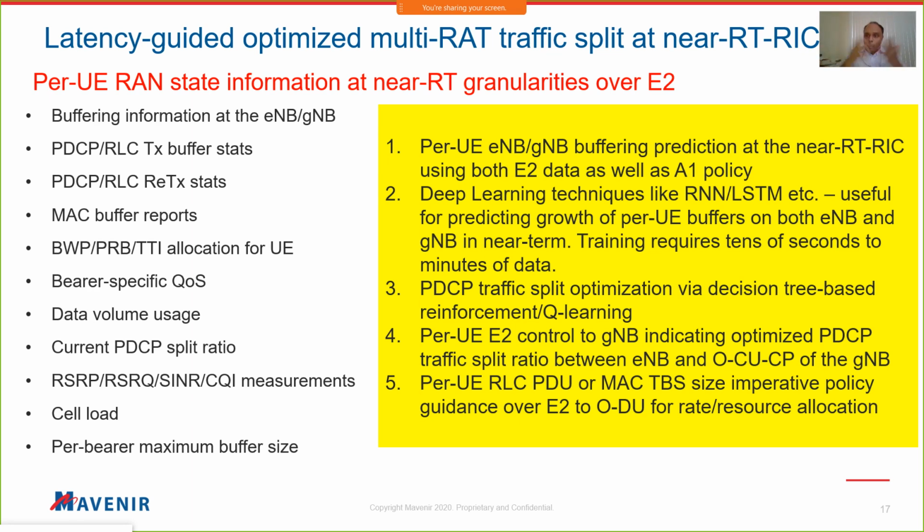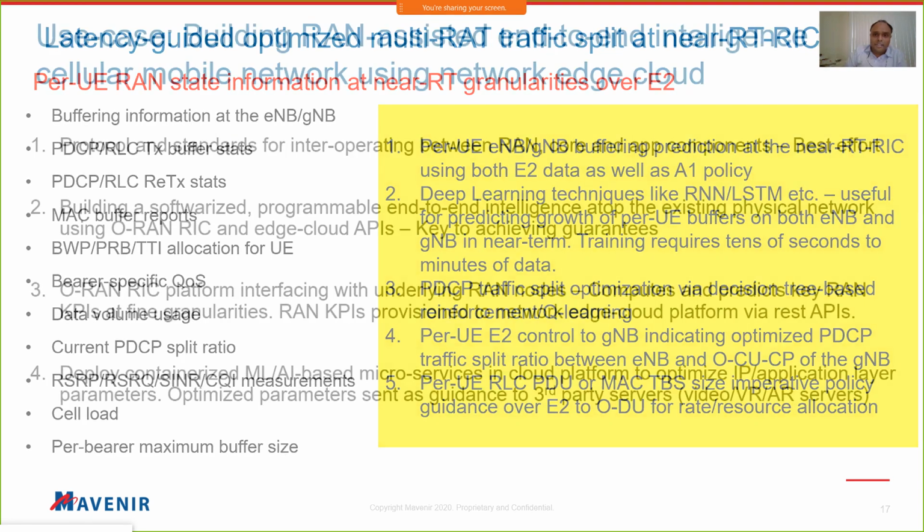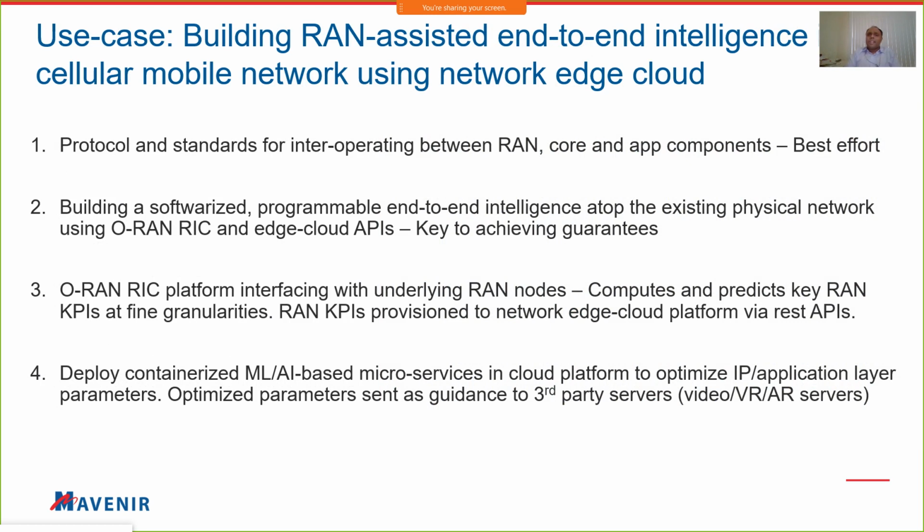Now, once the near real-time RIC makes those decisions, these are sent back via control actions to the underlying baseband units over the E2. The near real-time RIC can also make policy decisions about how the RLC layer and MAC layer should perform in terms of allocating resources, in terms of segmenting an IP packet into PDUs, and these policies are also sent via the E2 interface.